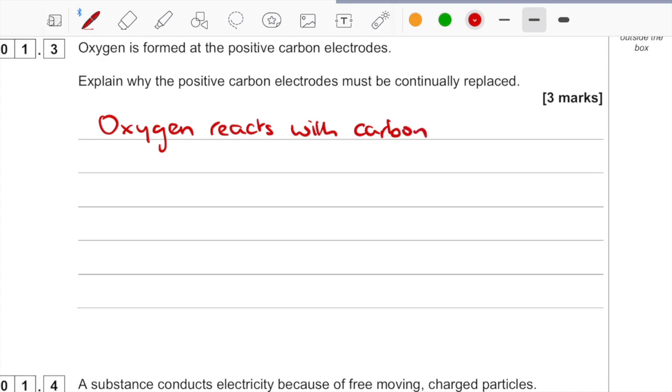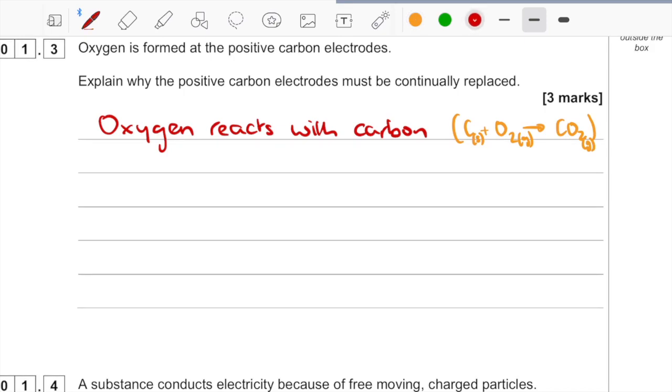Now, there's a consequence to that. If you're reacting carbon and oxygen, you're going to get a product, and that product is CO2. Now, in terms of state symbols, our carbon is a solid, our oxygen is a gas, and our CO2 is a gas. So the carbon is being made into part of carbon dioxide.